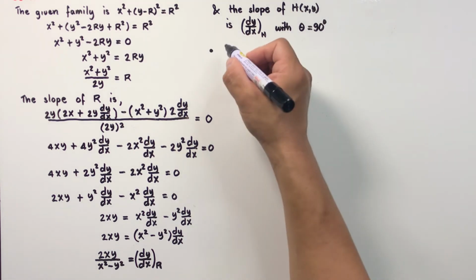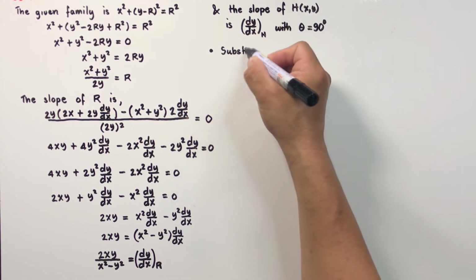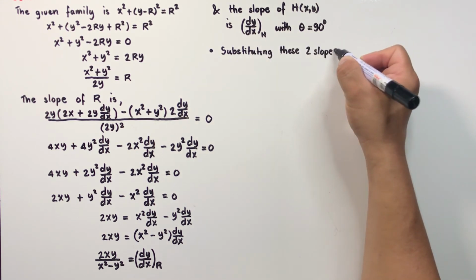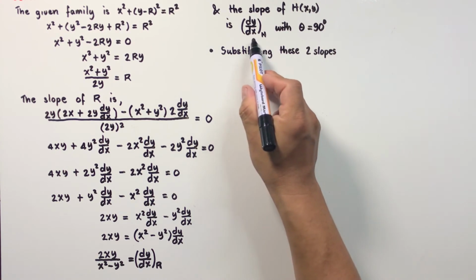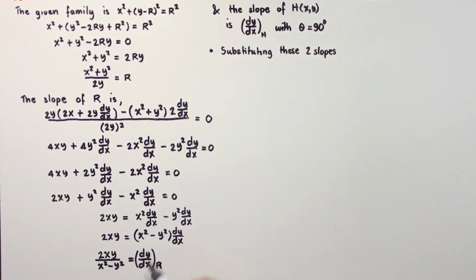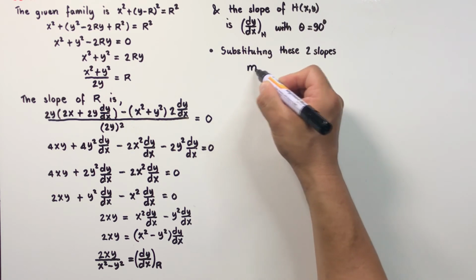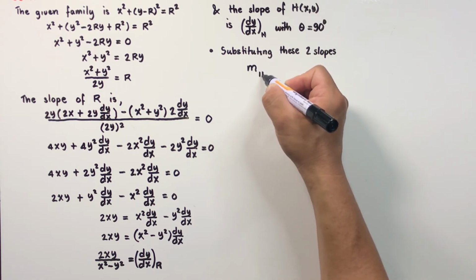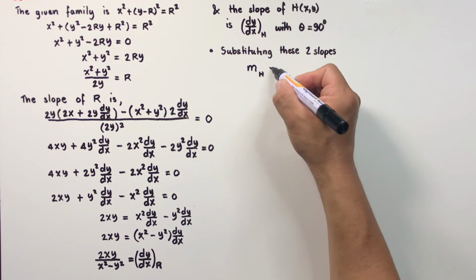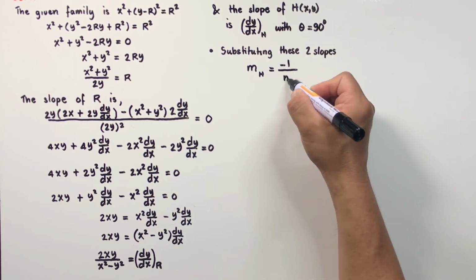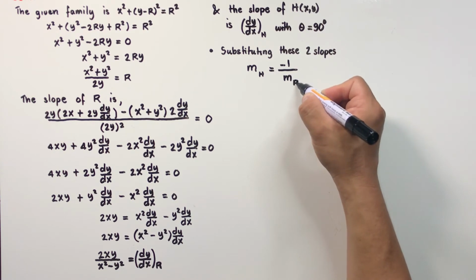So, substituting these two slopes, the slope of the unknown family of curves and the slope of the given family of curves, we can use the relationship that the slope of the unknown family of curves is equal to the negative reciprocal of the slope of the given family of curves.